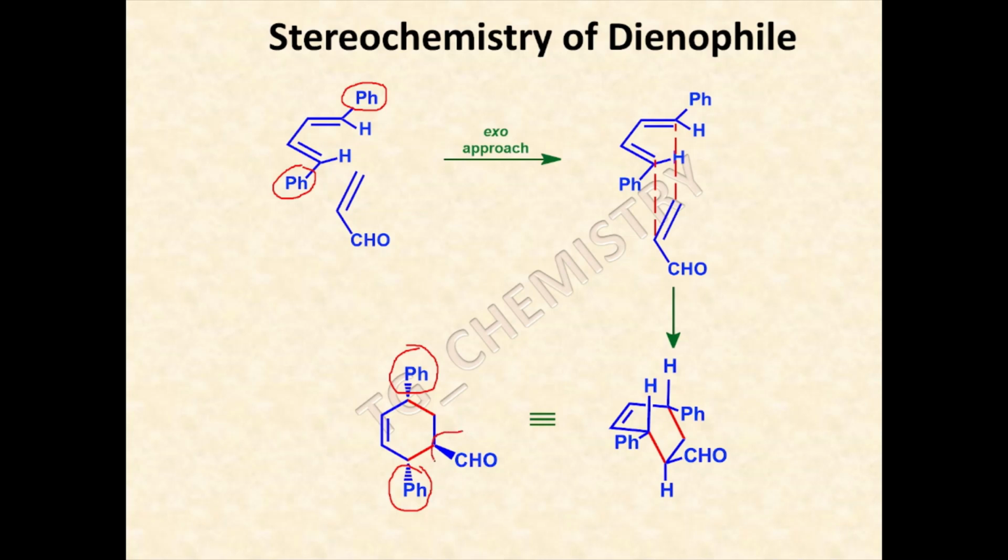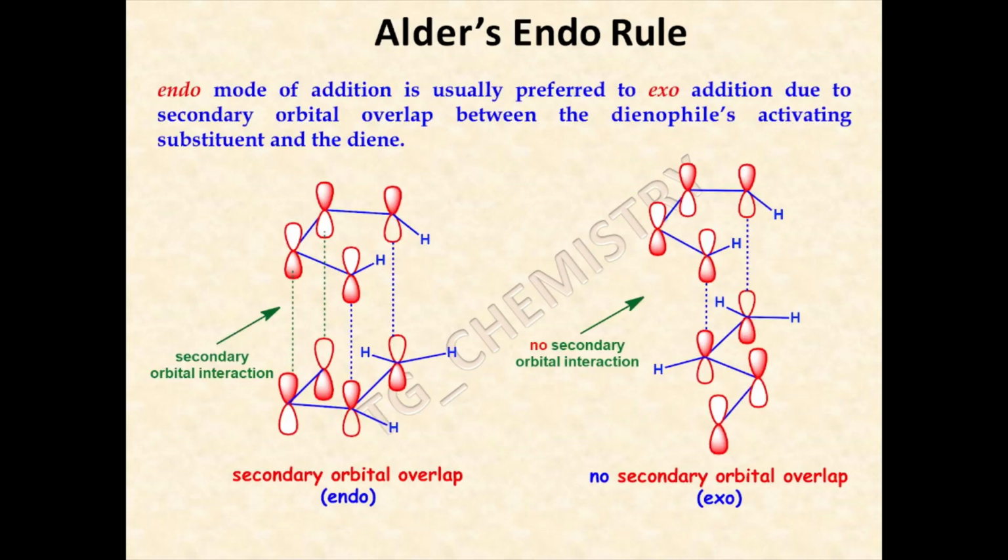Whereas the formyl group, the stereochemistry of the formyl group, adopted the above the plane stereochemistry, as evident from this chair conformation over here. You can understand with the plane of the chair, this is above the plane, getting the equatorial conformation or the orientation rather say. So that should be above the plane stereochemistry for the formyl group. So this is the stereochemistry of diene and dienophile, and the exo and endo approaches when we consider.